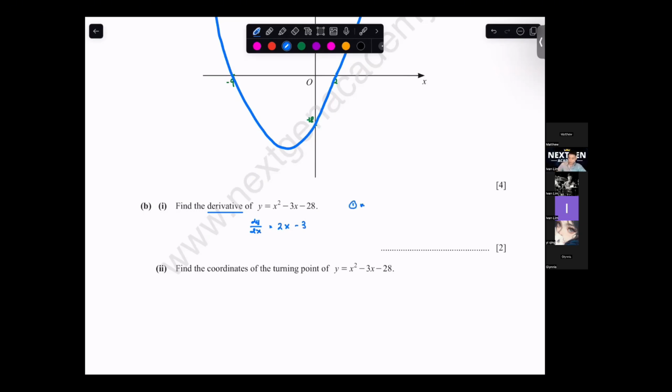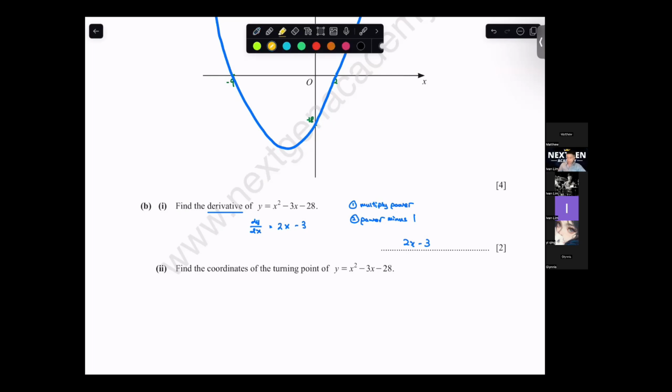Remember these 2 steps. Multiply power, minus 1. Yeah, very high chance differentiation will come up for your exam, because I've observed for your current syllabus it always comes up.